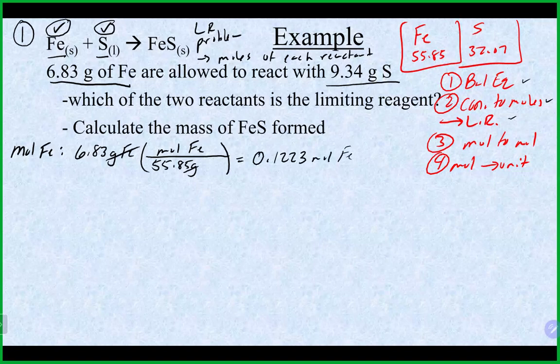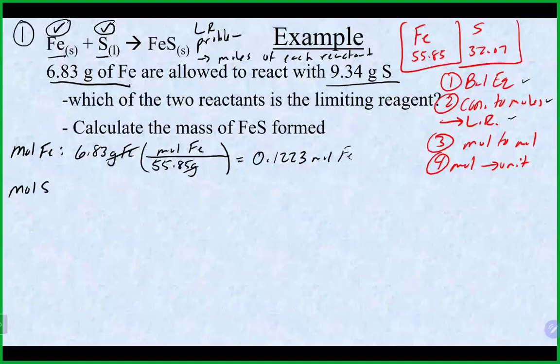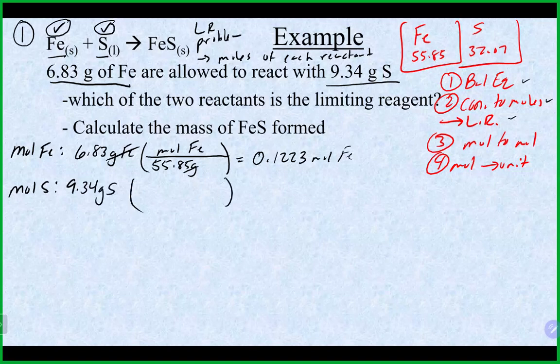We'll do the exact same thing for our other reactant, which is sulfur. So we got 9.34 grams of sulfur, using the molar mass from the periodic table for sulfur, 32.07 grams per mole. Again, the grams are going to cancel.